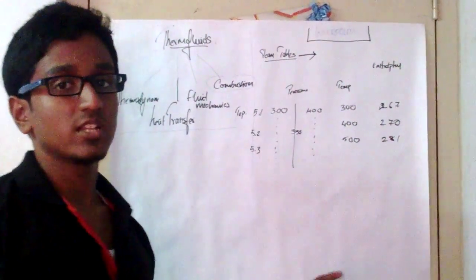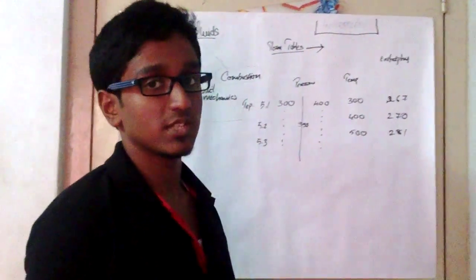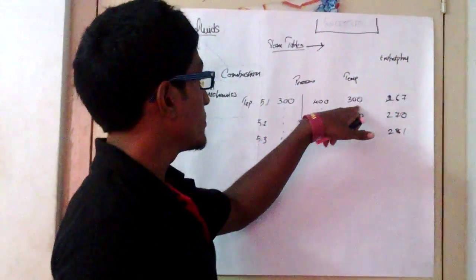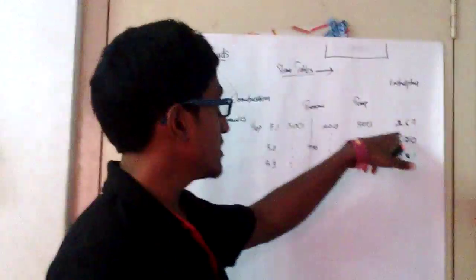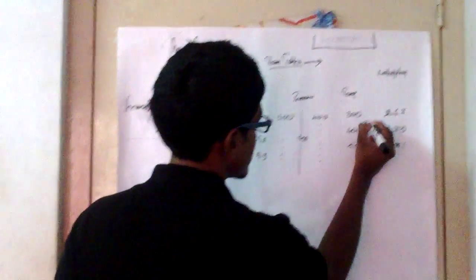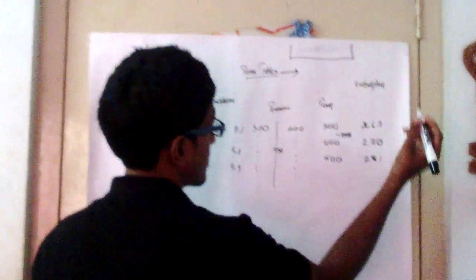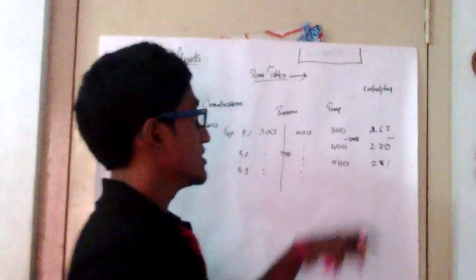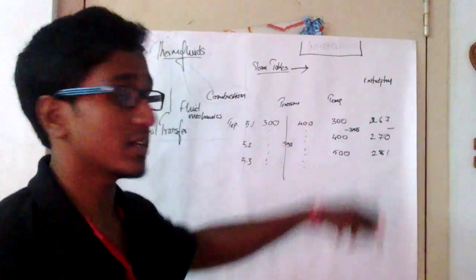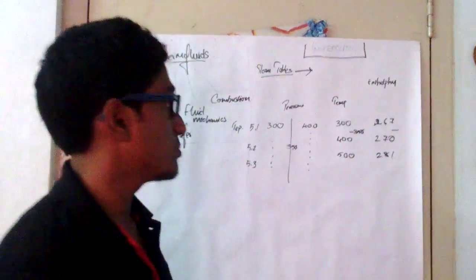These are just random values that I picked out. Now you need the enthalpy at a temperature of 350 degrees Celsius. How are you going to know the value of enthalpy at this particular temperature? That's where interpolation comes into place.